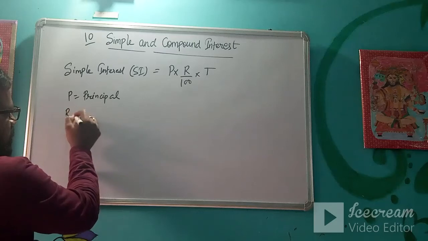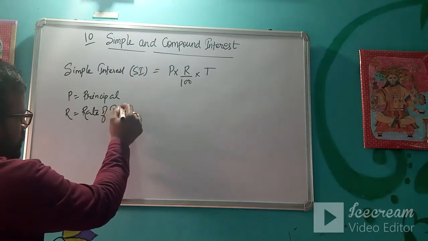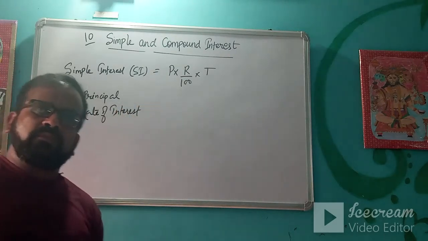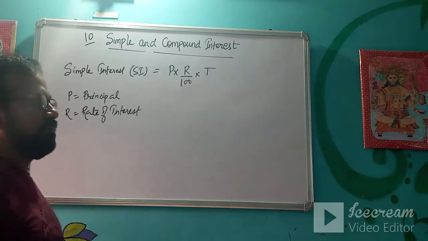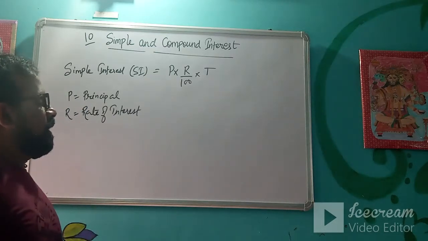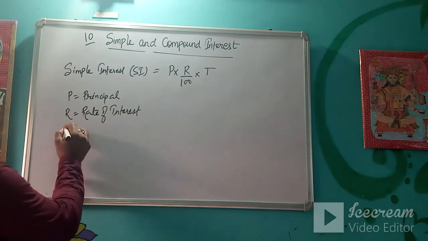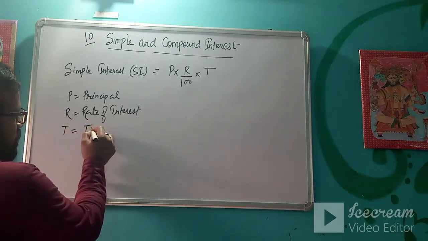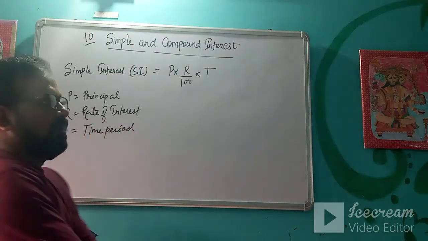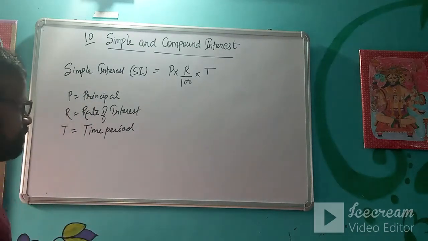Now R is the rate of interest, the rate that is charged by the bank or by the person in order to get some more money on the given money. Then T is the time period, for what time period money has been given or put on interest.